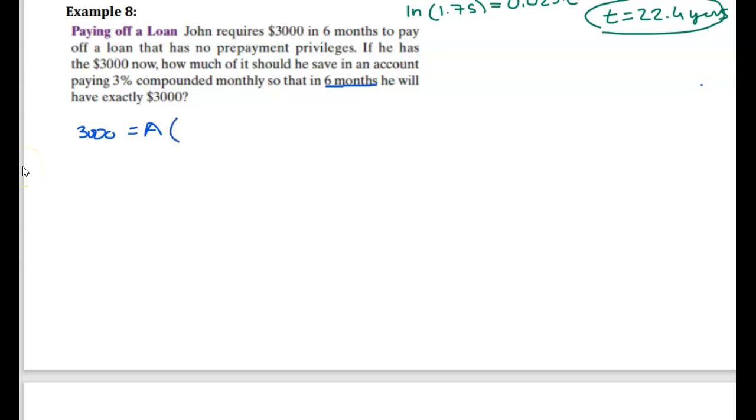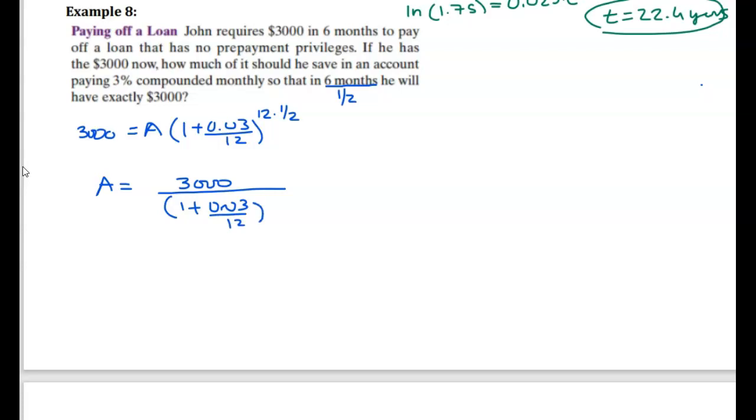So there's 3%, so 1 plus 0.03 compounded monthly, which is 12, and then nt is going to be 12 times 6 months. 6 months is half a year, so it's going to be 12 times 1/2. So the amount is going to be $3,000 divided by 1 plus 0.03 over 12, to the power 12 times 1/2, which is 6.